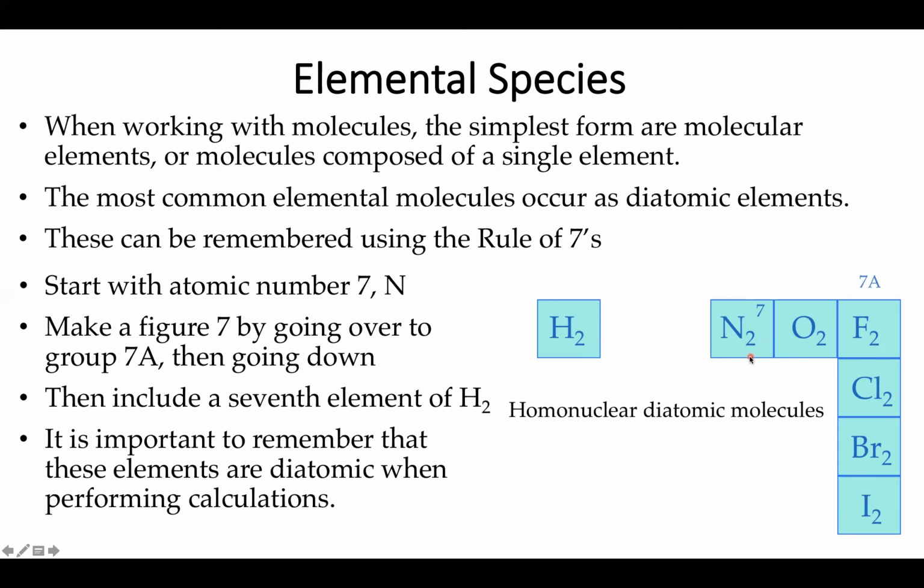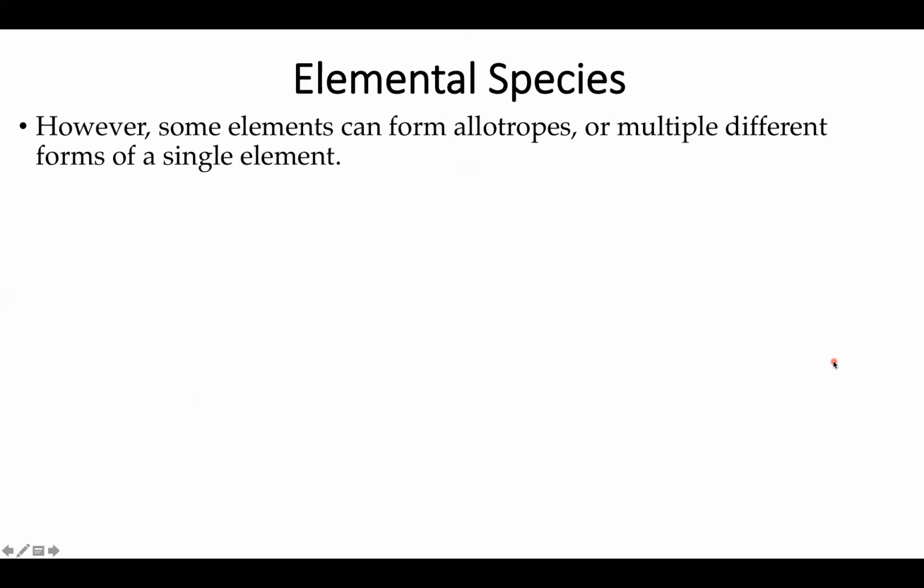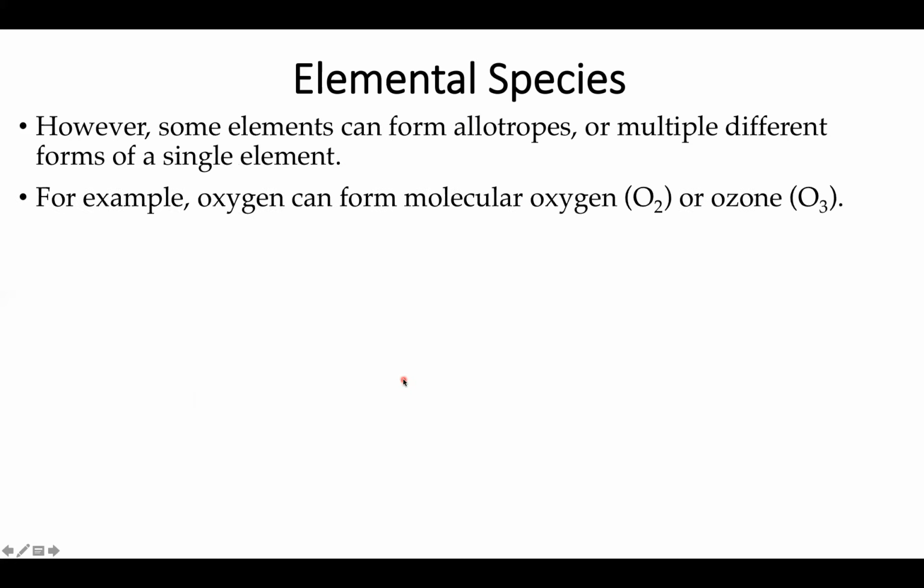But it is worth noting that while these are kind of the 7 big all stars for elemental molecules, there are a lot of other molecules that can be formed out of a single element. One of the first things to watch out for, though, is allotropes. So, this is a fancy way of saying when a single element can make multiple different forms. So, one of the classic examples is oxygen.